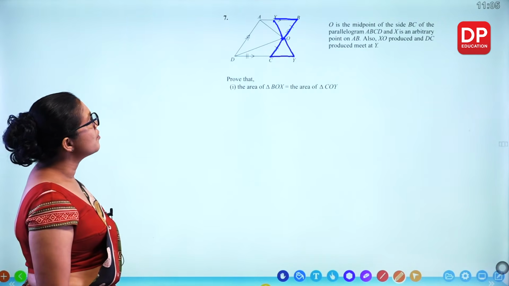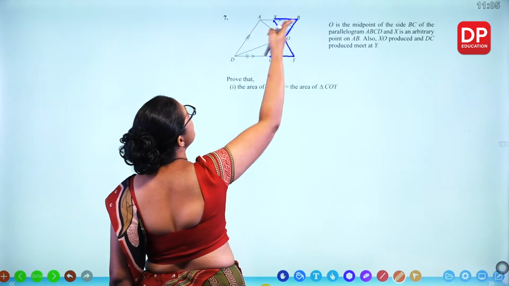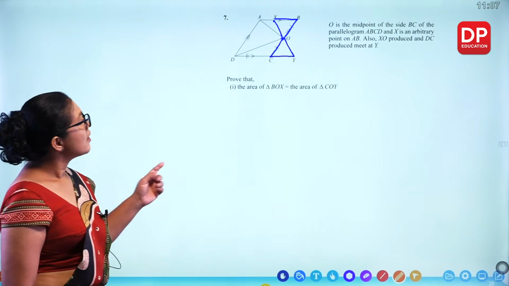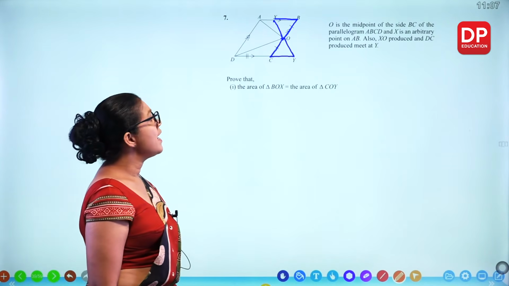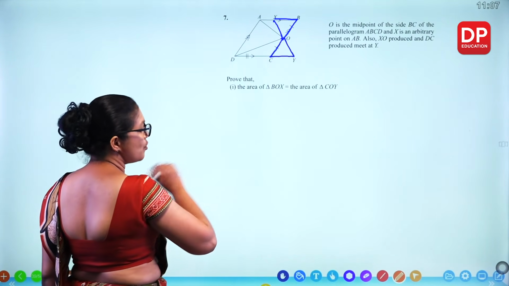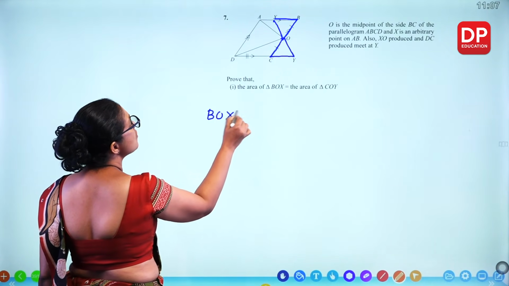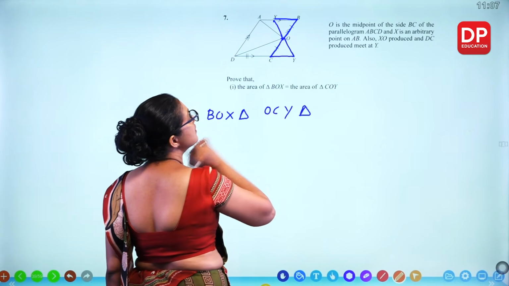What's the rule? We have given these two lines are parallel and these two lines are parallel. Now the first part, we need to find out area of BOX is equal to area of COY. Now look at these two triangles, BOX triangle and OCY triangle.